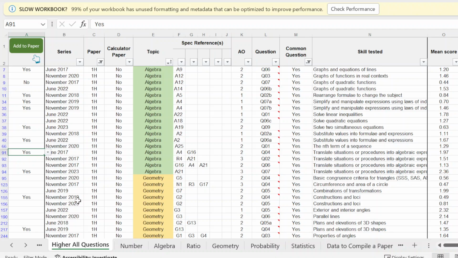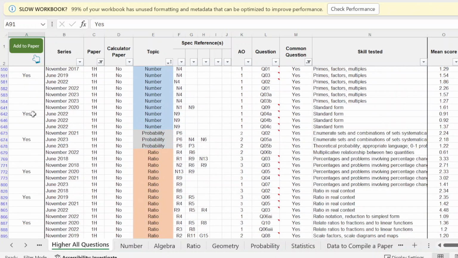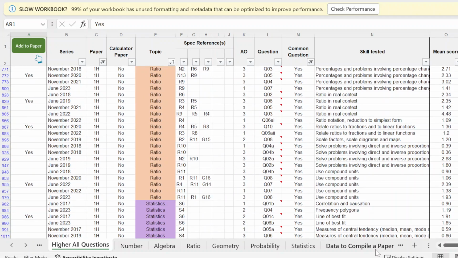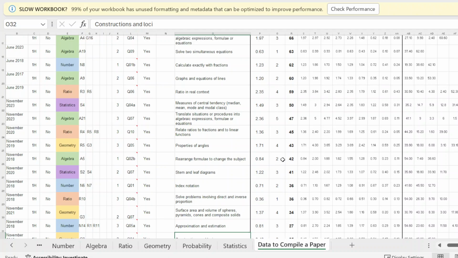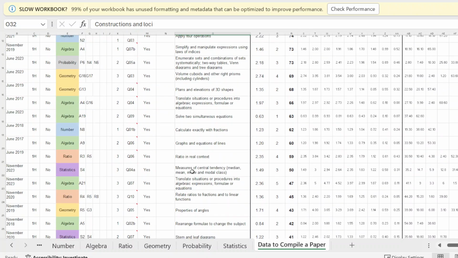This is a document from Edexcel which lists all of their questions, and what I've done is I've gone for what they've ranked as common questions from paper 1H, and then I've picked a selection of these questions and entered them to compile a paper. And then I've ranked it in terms of the mean percentage, so I've gone from easiest to hardest of their common questions.